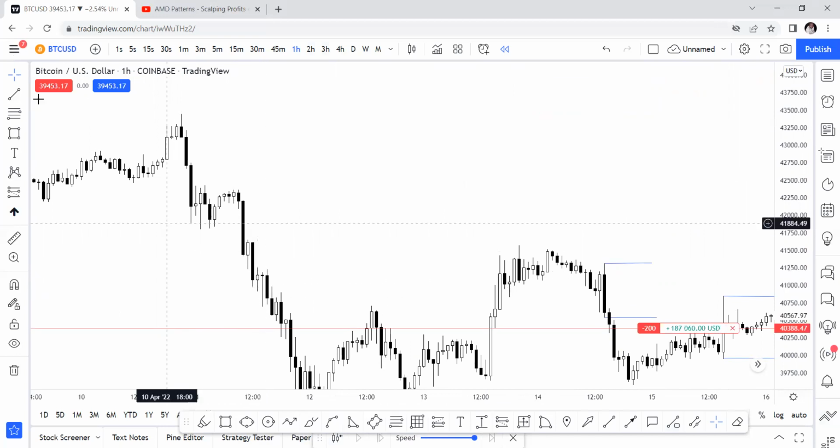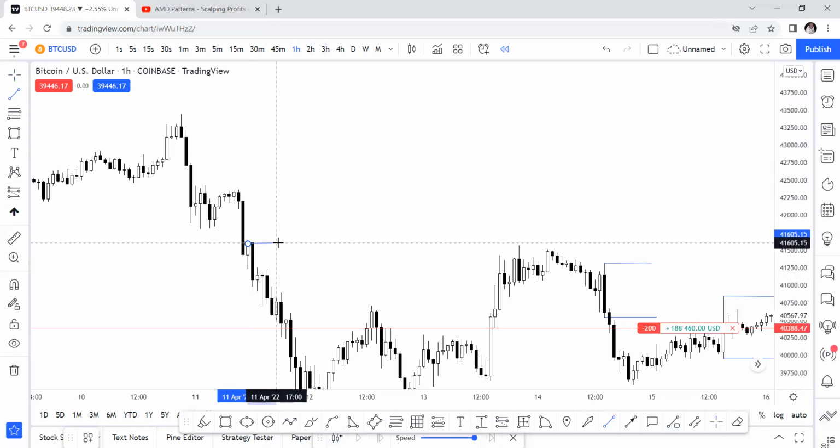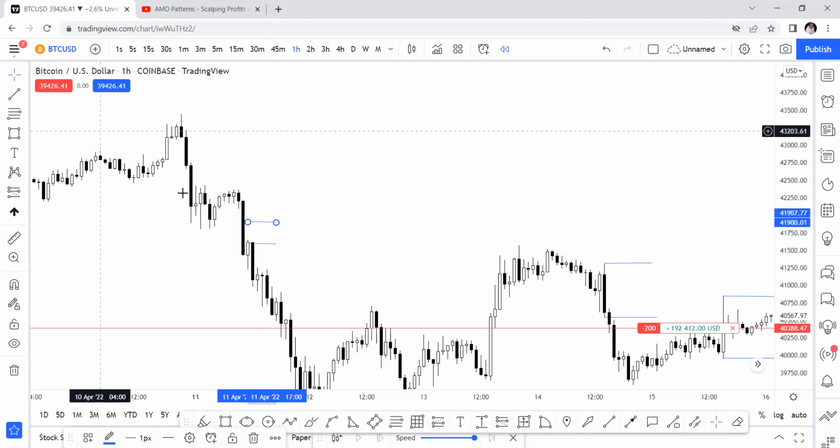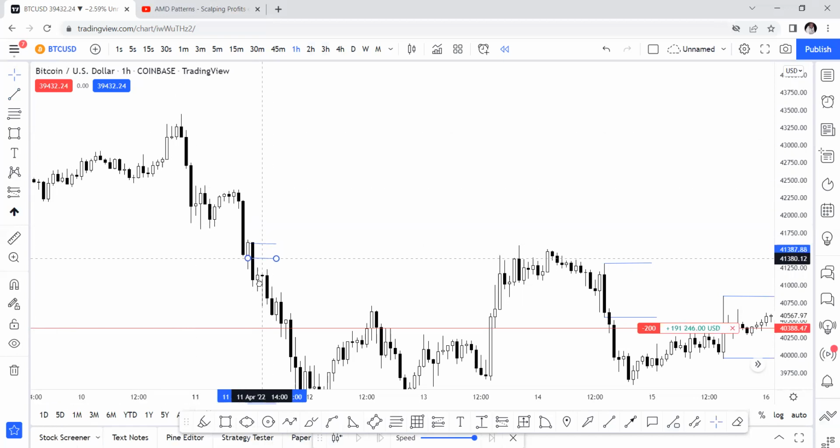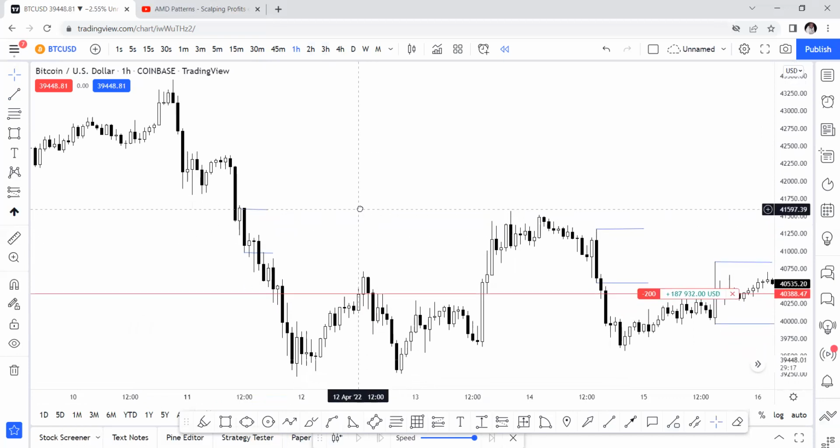A range. This 13. That's a range there. Then that is it. That's all you need.